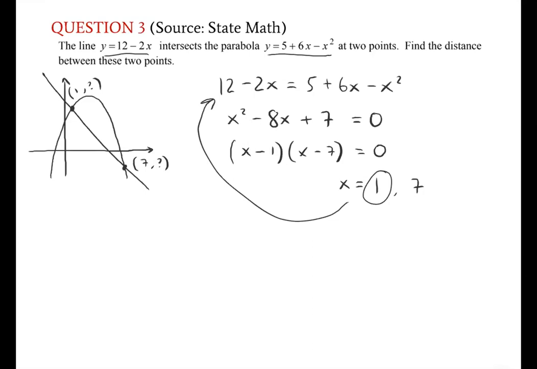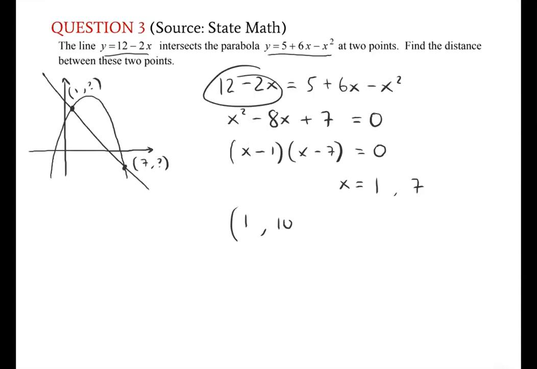So when x is equal to 1, if we plug it back into this equation, we'll get that y will be equal to 10. And when x is equal to 7, we can find that y will be equal to -2.